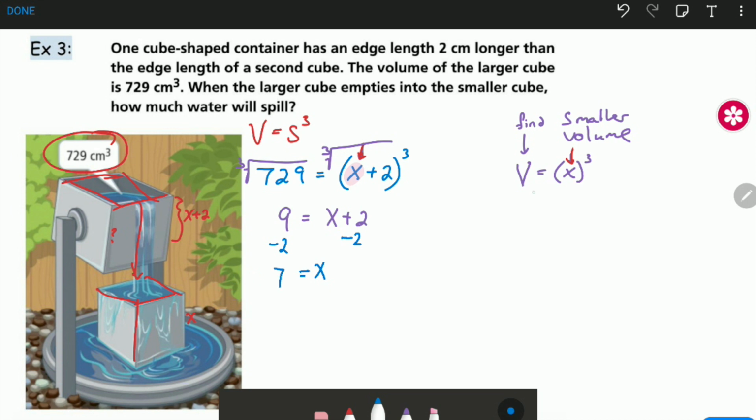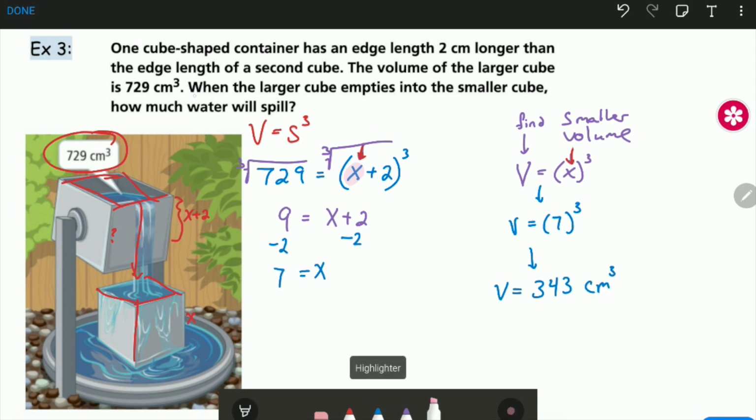Now that I know the side length for the smaller cube, I can replace x in the other equation. Then 7 to the third power tells me that the volume for the smaller cube is going to be 343 cubic centimeters. Now this isn't actually what we're looking for.